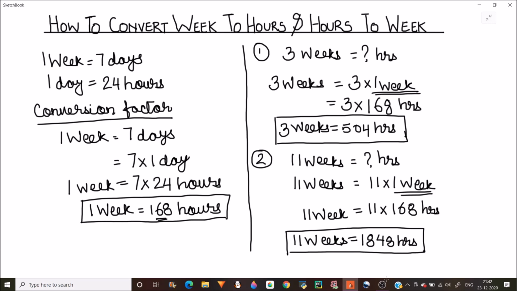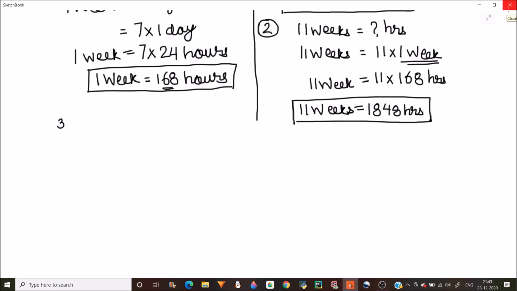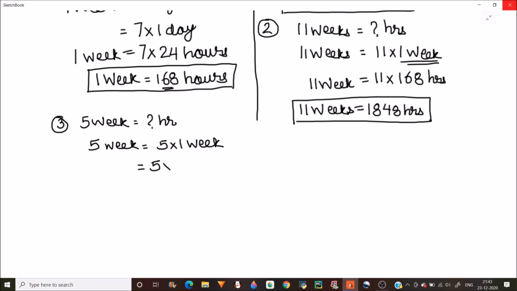Now let's do an example where we convert from week to hours without using the conversion factor. So let's try an example where we convert 5 weeks to hours. So this we are going to do directly. So 5 weeks we can write as 5 times 1 week. Now 1 week is equal to 7 days. So we are going to write 7 days here.